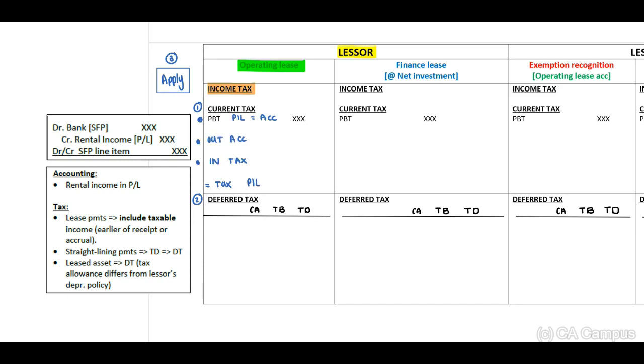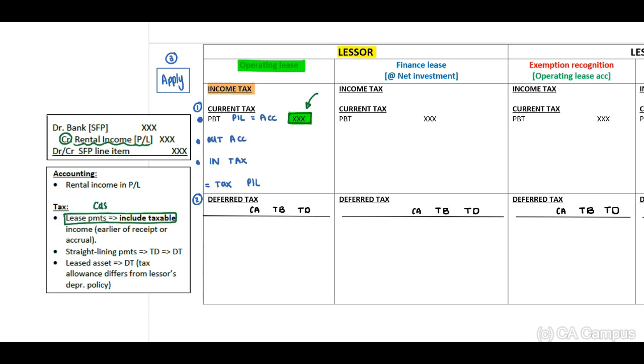Now, when we look at this, you agree with me from an accounting point of view, included in my profit before tax amount, guys, this green amount, I have my rental income. We are busy with our lessor. Therefore, included is my rental income. Now, my tax rules indicate that I need to include the lease payment in my taxable income.